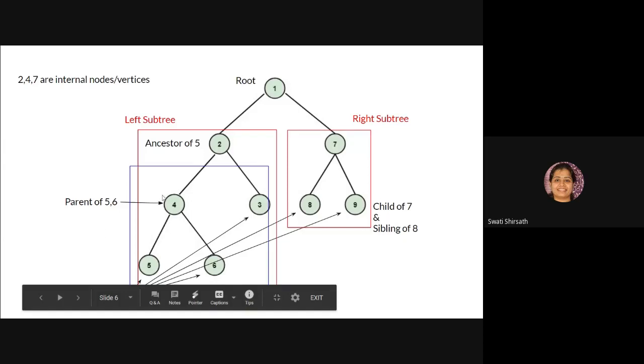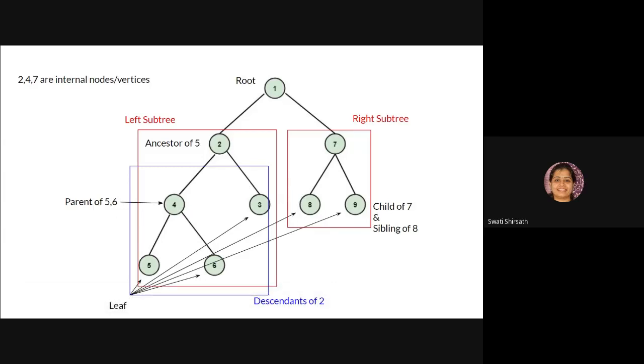Then 4 is the parent of 5 and 6. And then I would say these 4, 3, 5, 6 are descendants of 2. Can you see the blue box? They are descendants of 2, they are below it. So these are a few terminologies that you should know about trees.